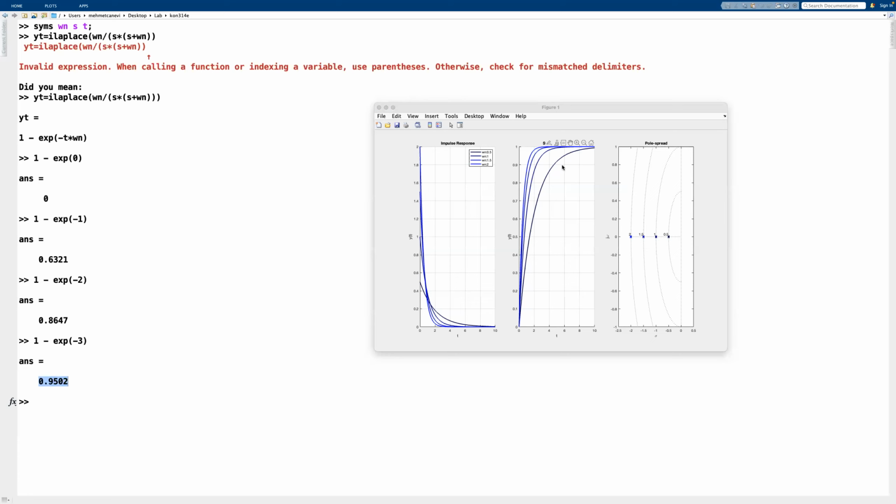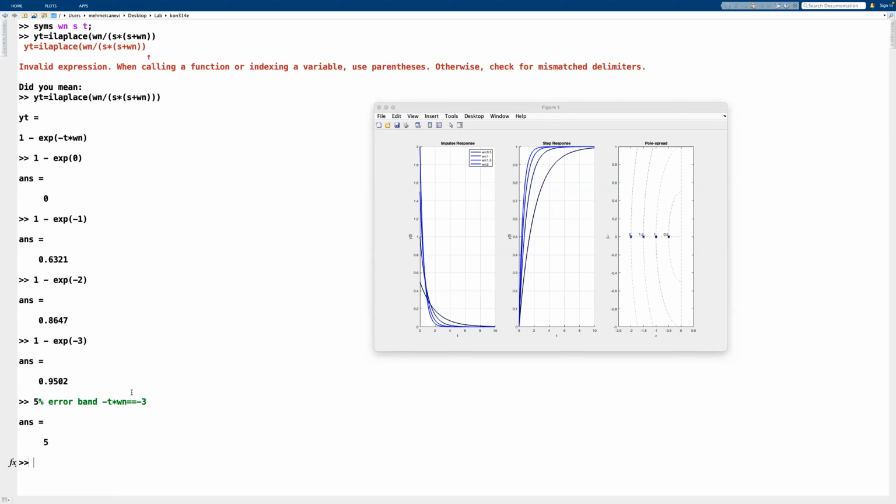Since we know from the step responses given here that the system doesn't overshoot, we can safely assume for a 5% error band, the settling time is going to be calculated with minus t times omega n equals minus 3. There we go.